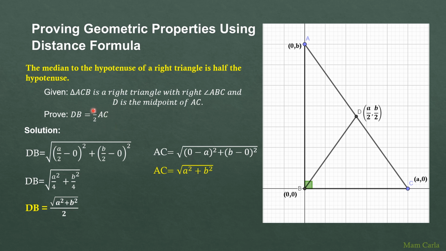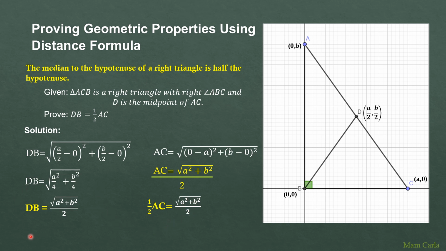Since we are getting half of AC, we have to divide both sides of the equation by 2. Then we obtain 1/2 AC, and half of the square root of a squared plus b squared is equal to the square root of a squared plus b squared over 2.